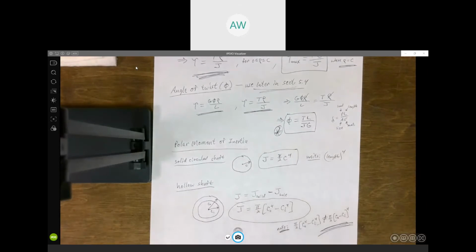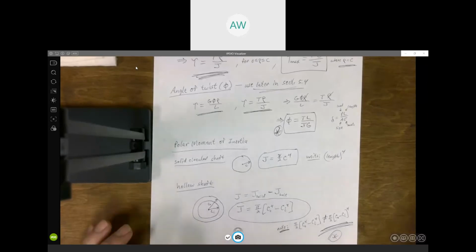But everybody should agree with me. This is not equal to that. Two different things. But I see students do this all the time. I don't know if it's because they're in a hurry or not careful, being careless or what, but I point this out so maybe you will not make that mistake. If you've got a hollow tube, it's outer radius to the fourth minus inner radius to the fourth. Don't subtract the radii and then take that to the fourth power.